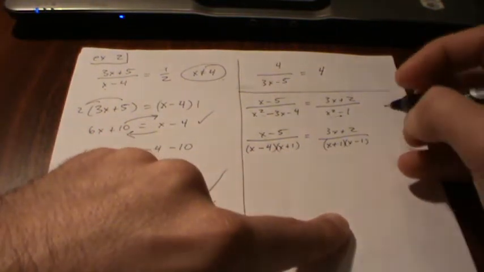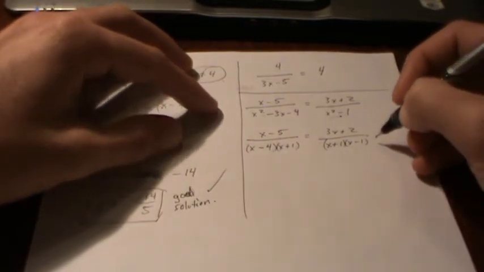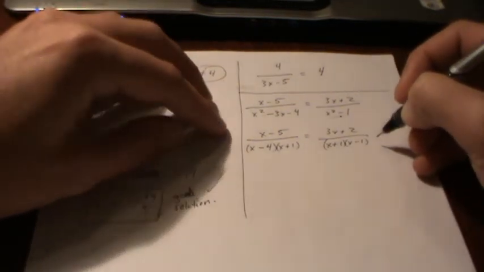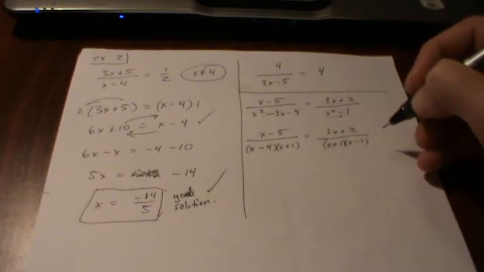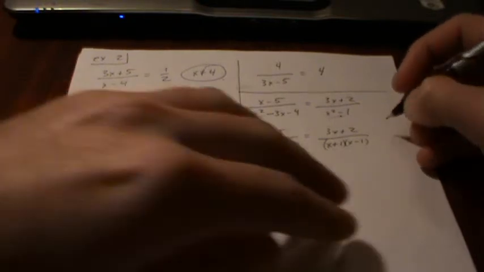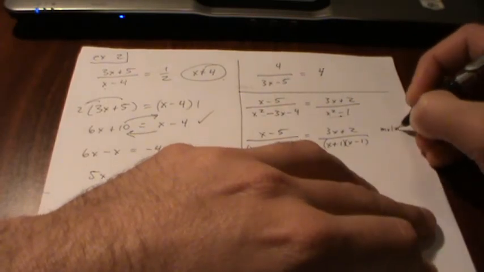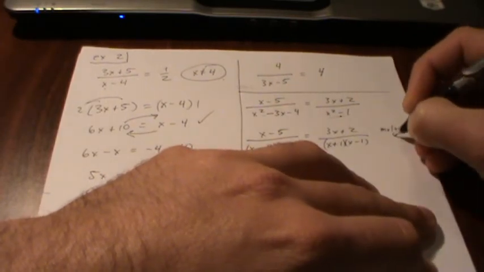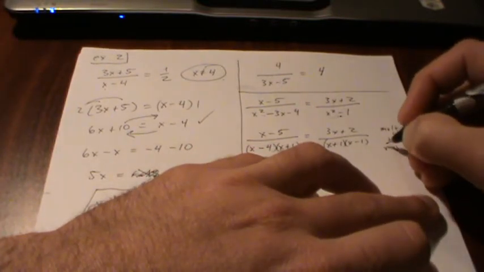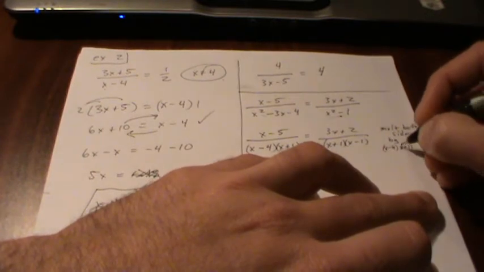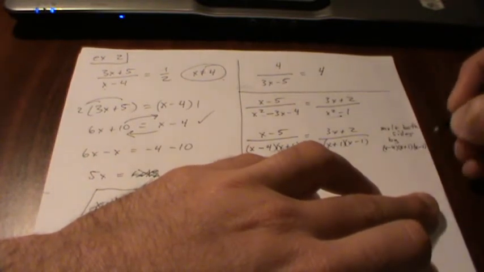And so what I'm going to end up doing now is I'm going to multiply both sides of the equation by x minus 4 times x plus 1 times x minus 1.